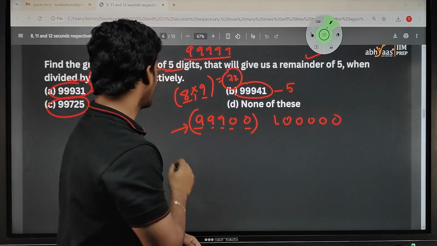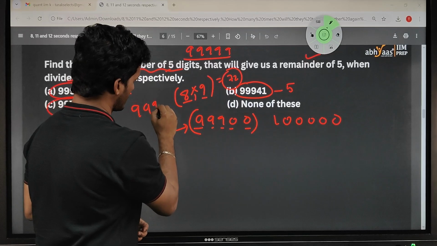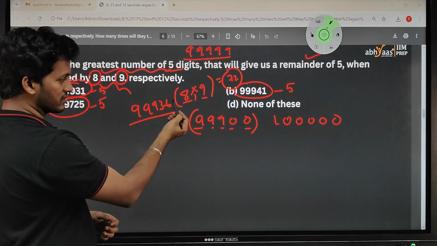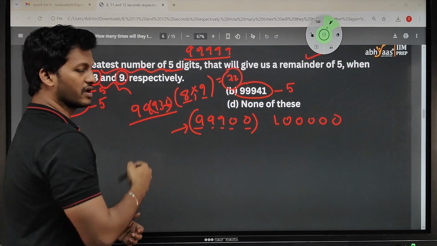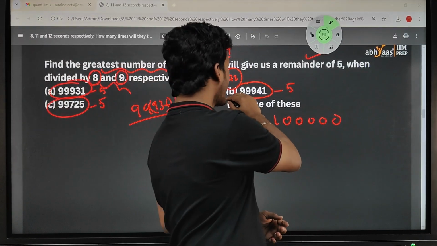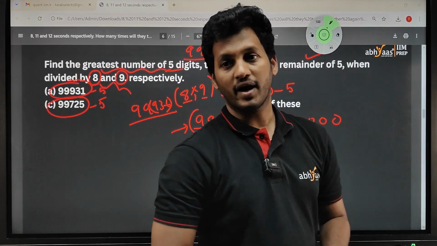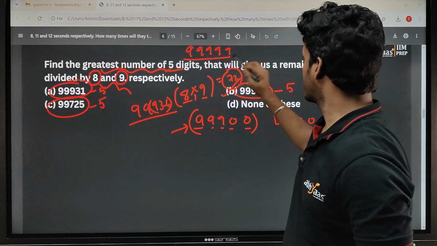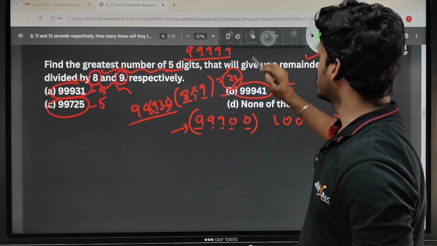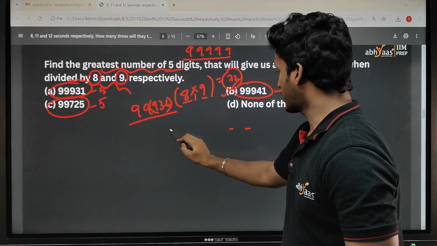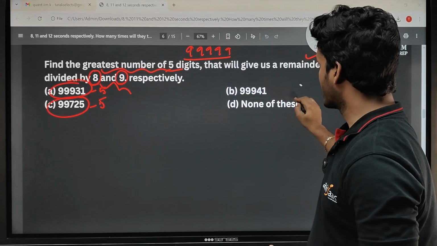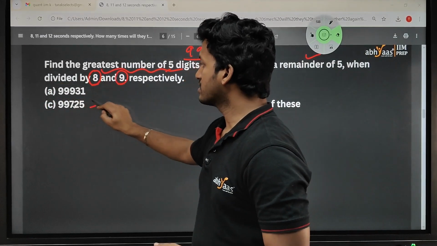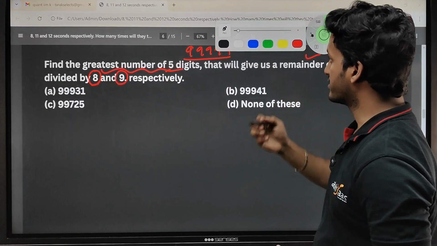So if I check this one, 99936, it is already divisible by 9, and checking with 8, it is also divisible by 8. That means B is my answer. But this is only a smarter method to use whenever you don't have time. In normal time, whenever you are practicing, don't do this. Find the greatest number divisible by 72.